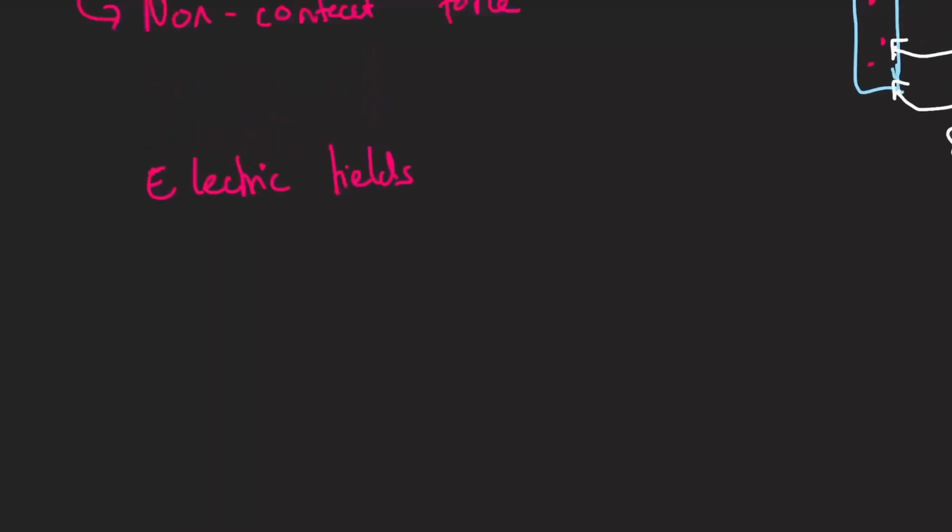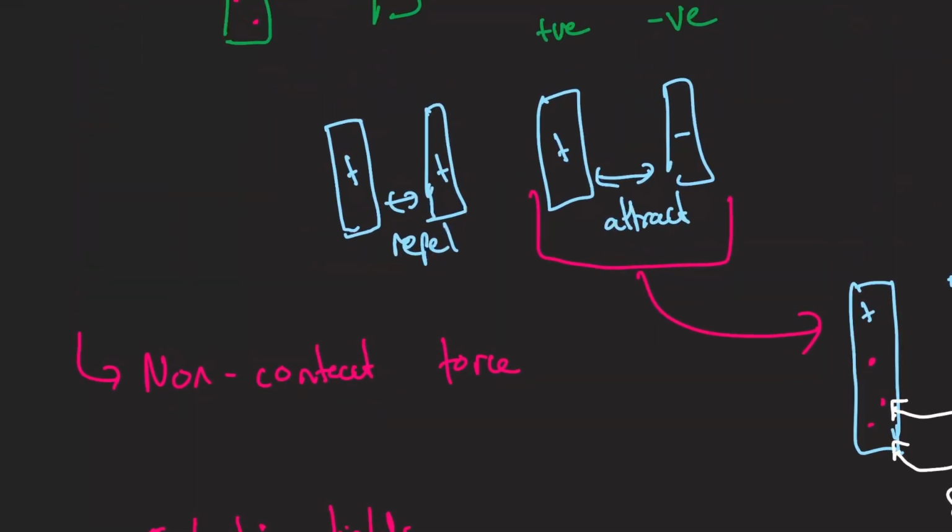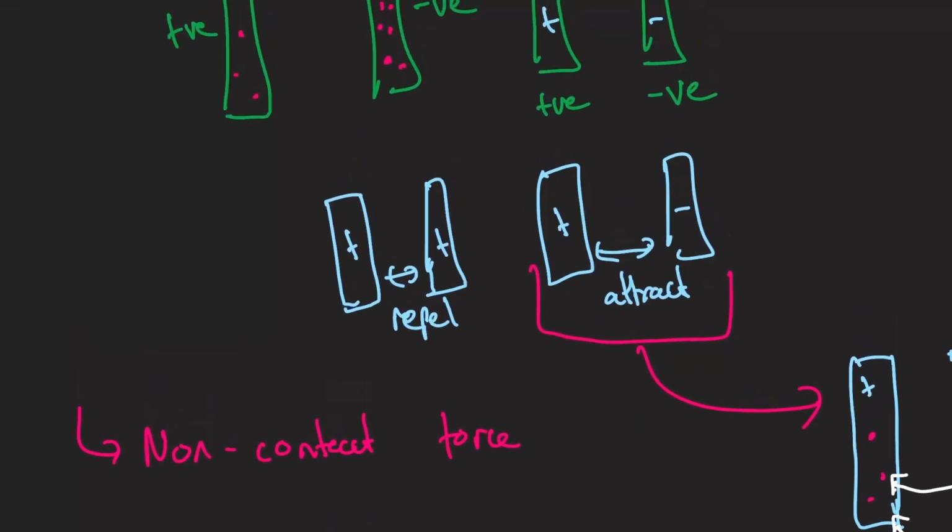And you can see how this applies over here, because over here, nothing was touching. But if you introduce this idea of fields, well, okay, it kind of makes sense, right? Because if these objects were in each other's force field, then it makes sense why they would feel the force without actually touching each other. So from our observations over here, we know that the charged objects must have some kind of electric field that it creates around itself. And we can also see that the closer you are to the charged object, the stronger the field, right?